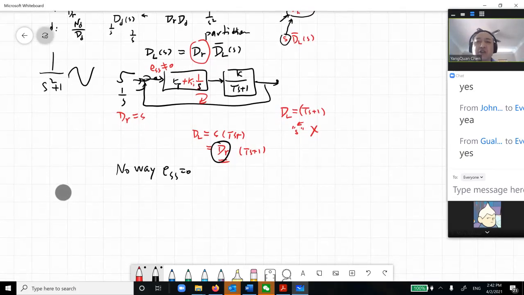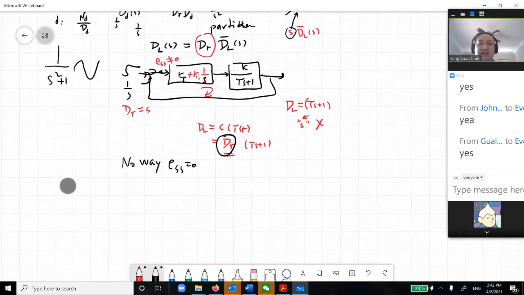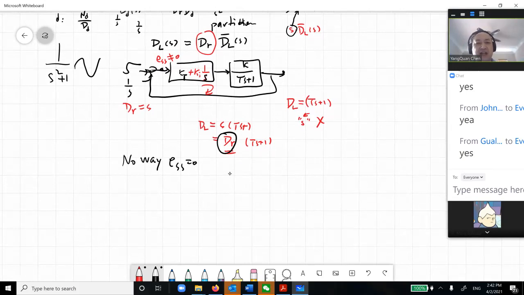Okay, so how to make it 0 then? As I said, your controller has to contain the dr. In this case, the dr is s squared plus 1. So in other words, you cannot change your plant. You can change your controller. So your controller has to have s squared plus 1 put in here.